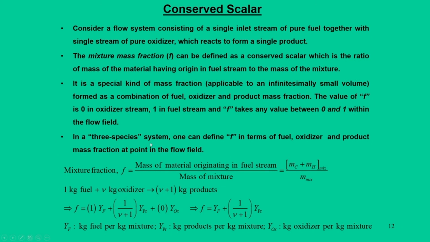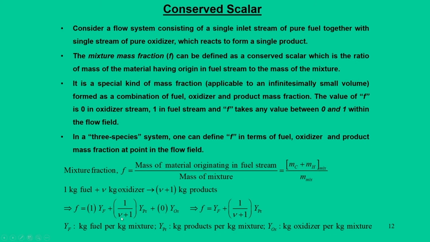In a 3 species system, we can define F in terms of fuel, oxidizer and product mass fractions in the flow field. For the reaction 1 kg of fuel plus mu kg of oxidizer gives mu plus 1 kg of products, the mixture fraction F can be defined as YF into 1, that is, in the fuel it is 1, for products it is 1 by mu plus 1, and for oxidizer it is 0.